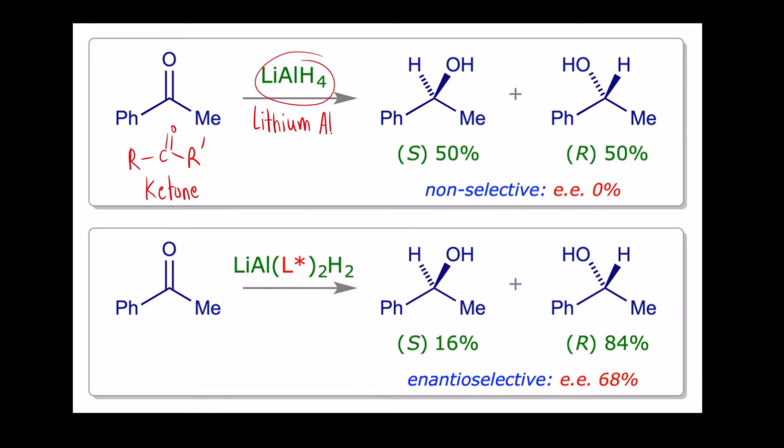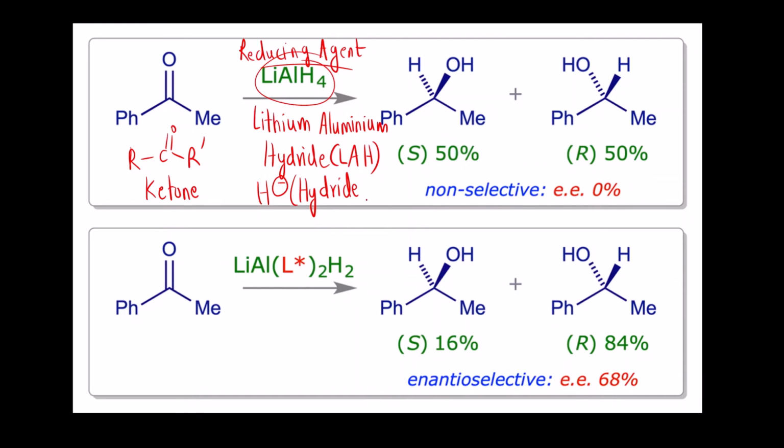LiAlH4 is lithium aluminium hydride, sometimes also written as LAH. This is a reducing agent, and it reduces by donating H minus ion, so we can also call it a hydride donor.